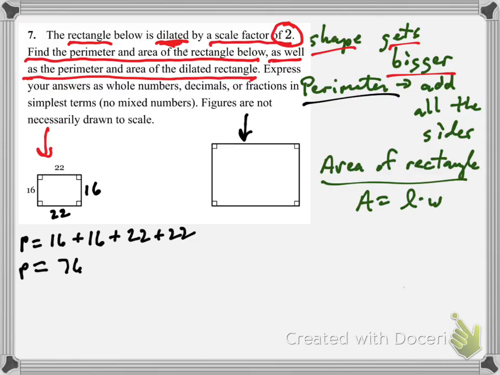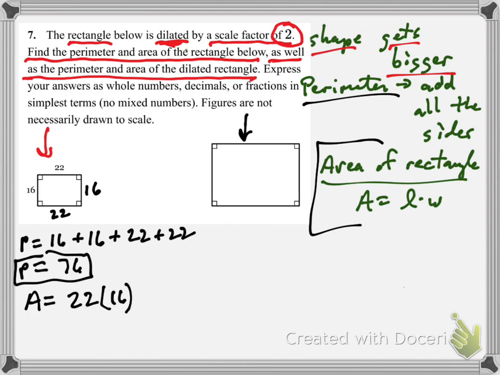So my perimeter is 76. Now my area of a rectangle, length times width. So length is 22 times 16. So 22 times 16 is 352.